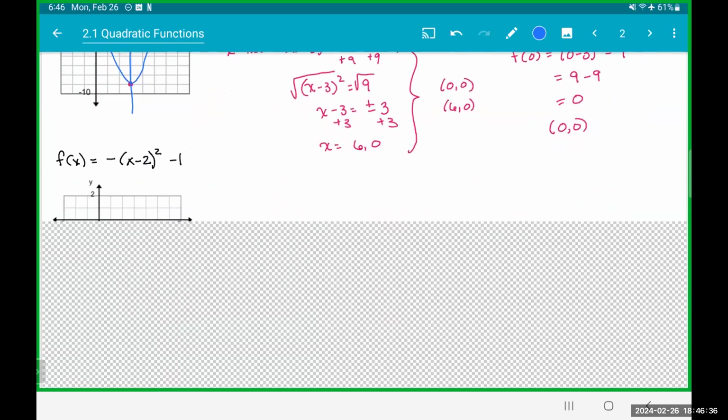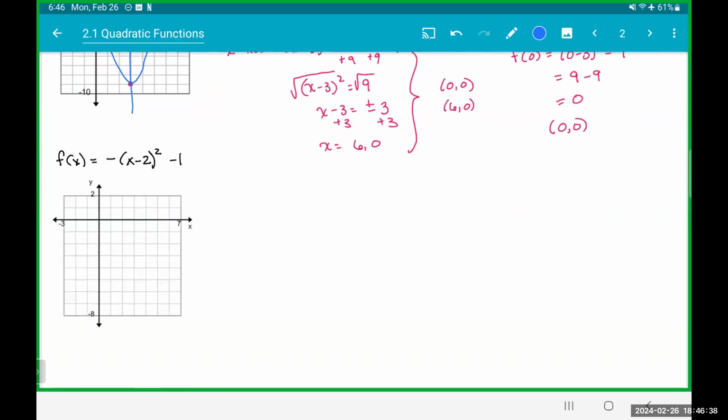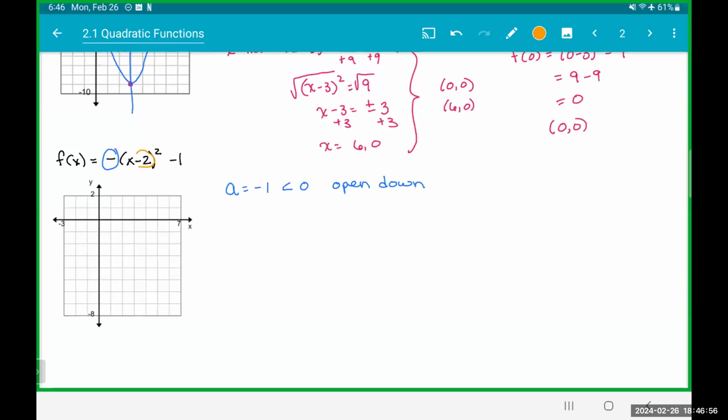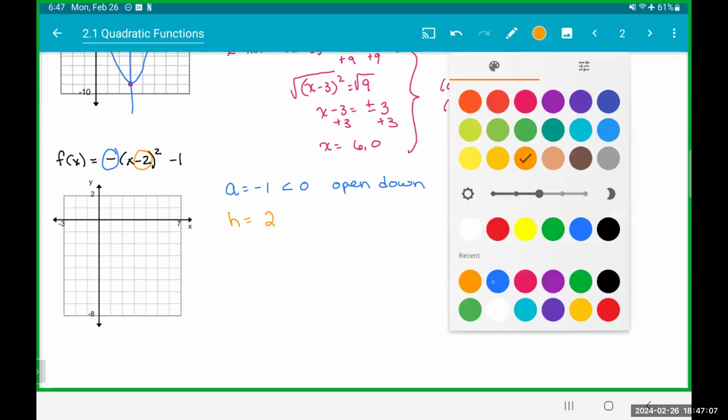Okay, let's look at another one. So in this example here, this tells me that a equals -1, which is less than 0. So it's going to open downwards. This right here tells me that h is equal to 2, because remember, we want that to be a negative right there.